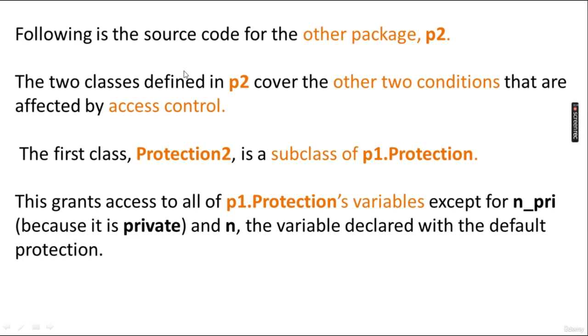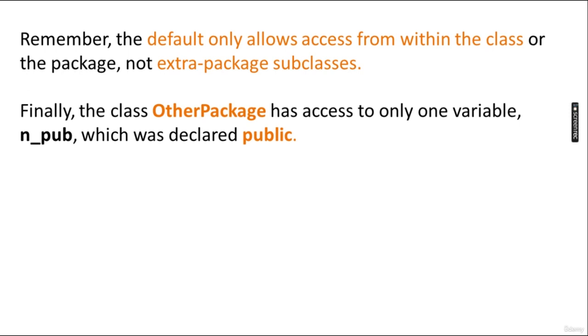It is directly inheriting that class, and even though it is in the second package, it can access the default member written in the protection class. It is an exception for default access. Otherwise, default only allows access from within the class or package, not extra package subclasses.